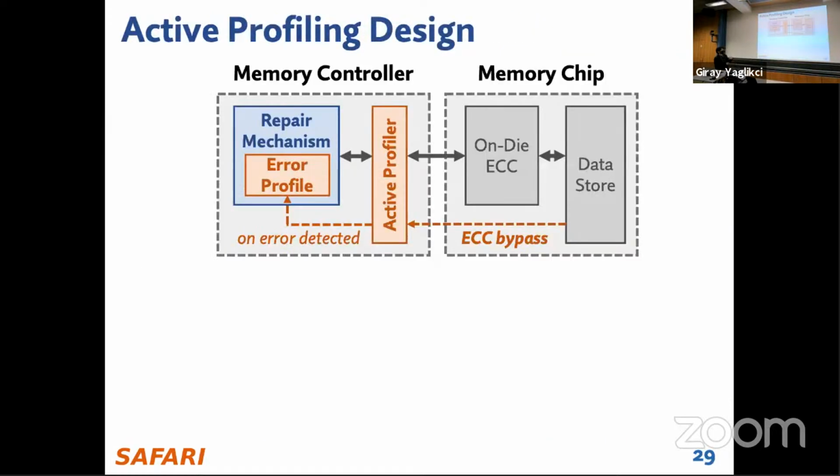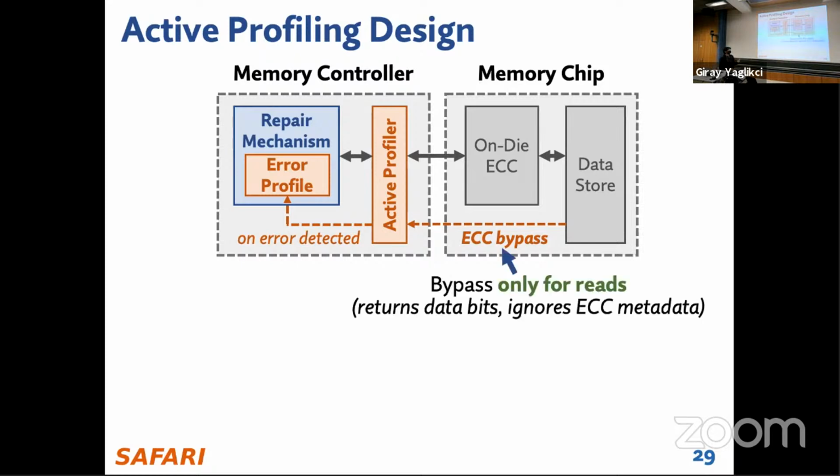I zoom in here on just the active profiler design. Again, we have this ECC bypass path that is used by the active profiler to directly read from the data store. Just to describe a little more, this ECC bypass path does this only for read operations. So when the active profiler performs a read operation for profiling, the memory returns the data bits and completely ignores the ECC metadata.